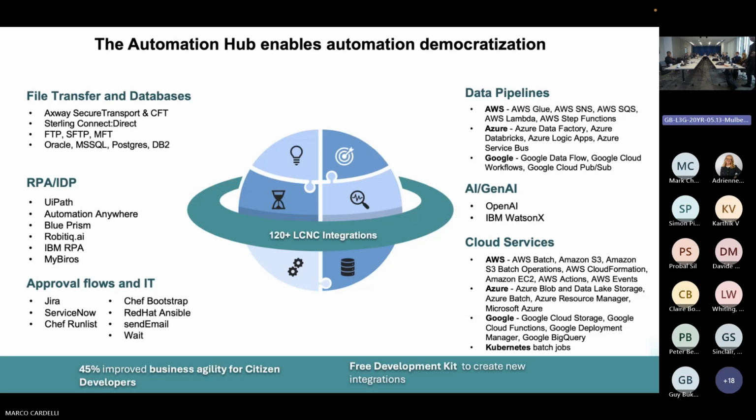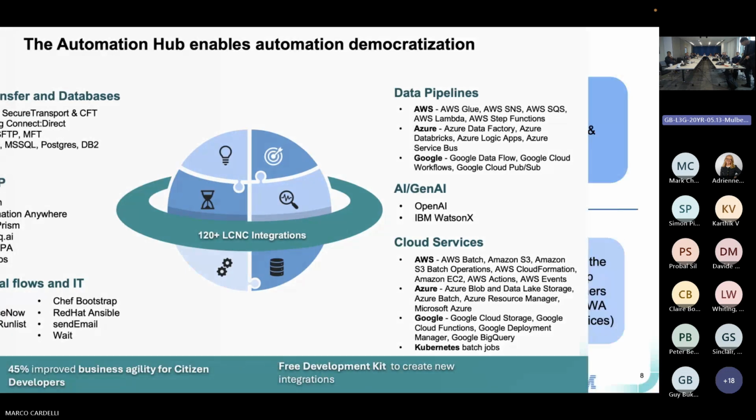So this is still going to grow. We are still investing. We have a separate roadmap for the integrations. We deliver new ones every quarter, more or less. So this is still a very important part of our strategy.